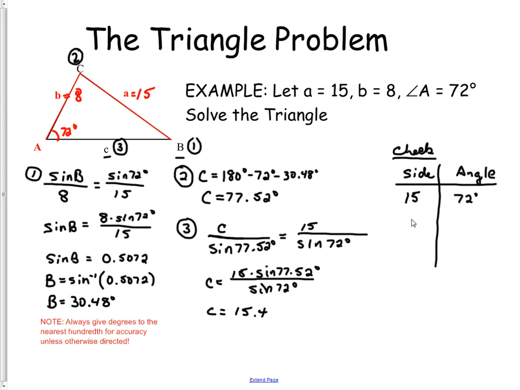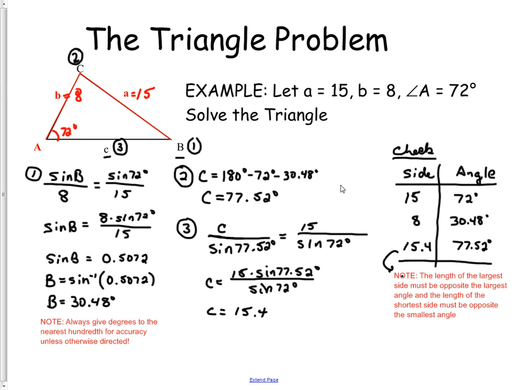We were given side B was 8, and we found that angle B was 30.48 degrees. Then we found the length of side C was 15.4, and that angle C was 77.52 degrees.